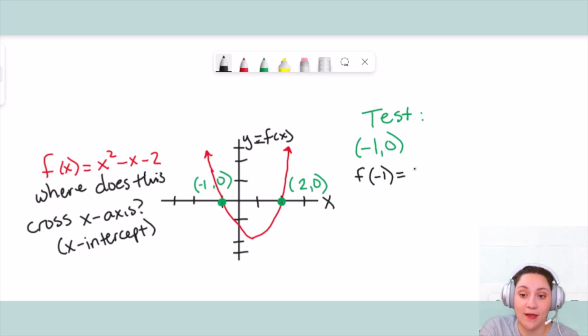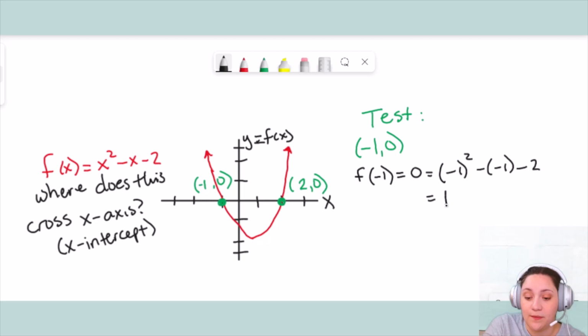So the f of x value that we should get should be 0. That's what we are checking from our point. So plug in -1 for x. So we have -1 squared minus -1 minus 2. And that's equal to 1 plus 1 minus 2, and 1 plus 1 is 2, minus 2 is 0.